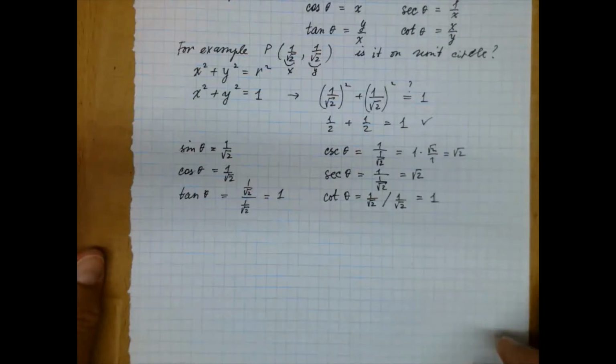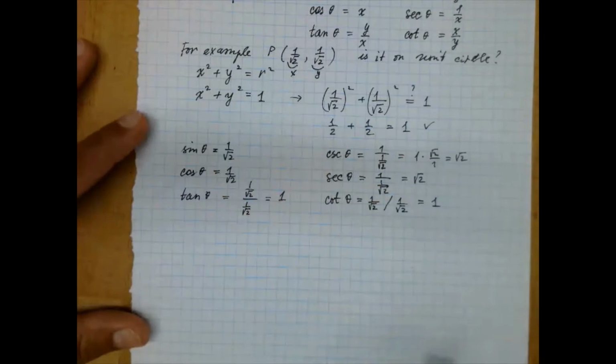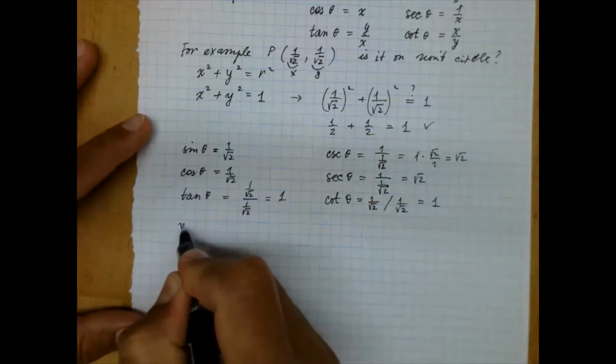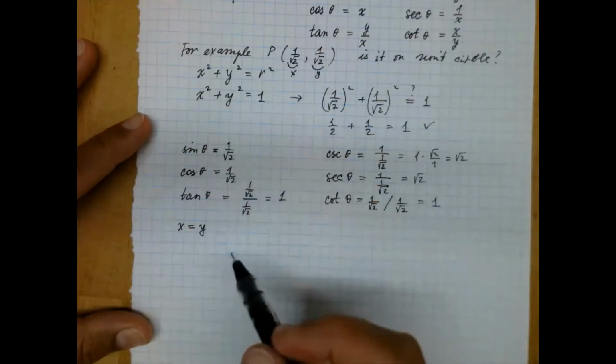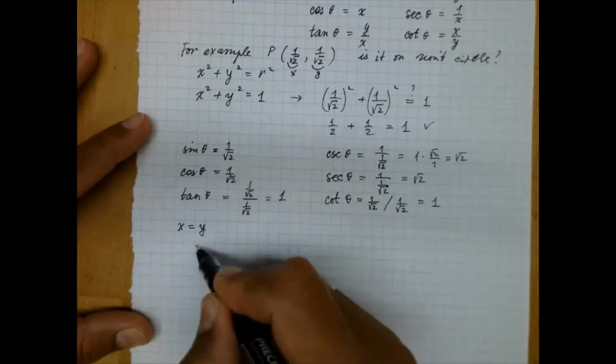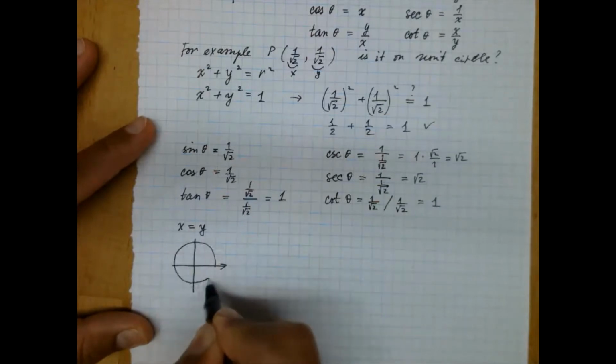Now the question is, what this point is graphically on circle, like where it sits, what is the angle? Well, if you look at these two coordinates, you're going to see that x equals y, means that the point sits on the line x equals y or y equals x, which is actually the line of 45 degrees. So I'm going to draw the circle again, not necessary, but just to show you.